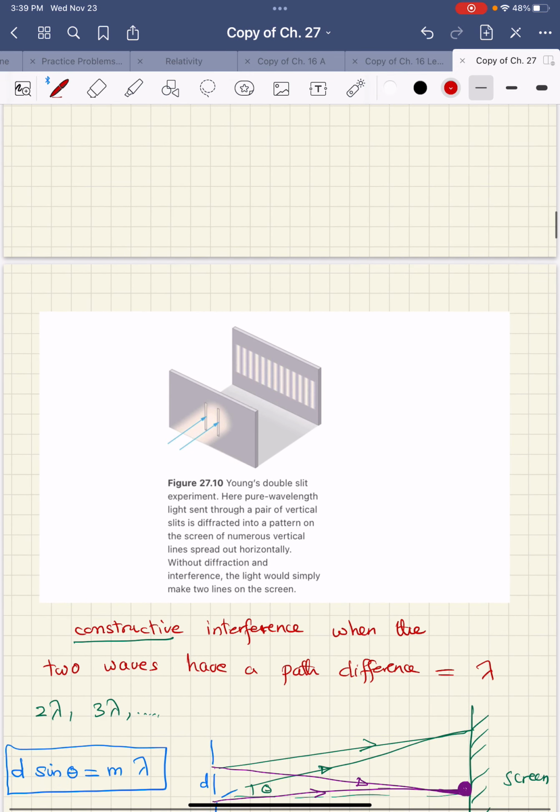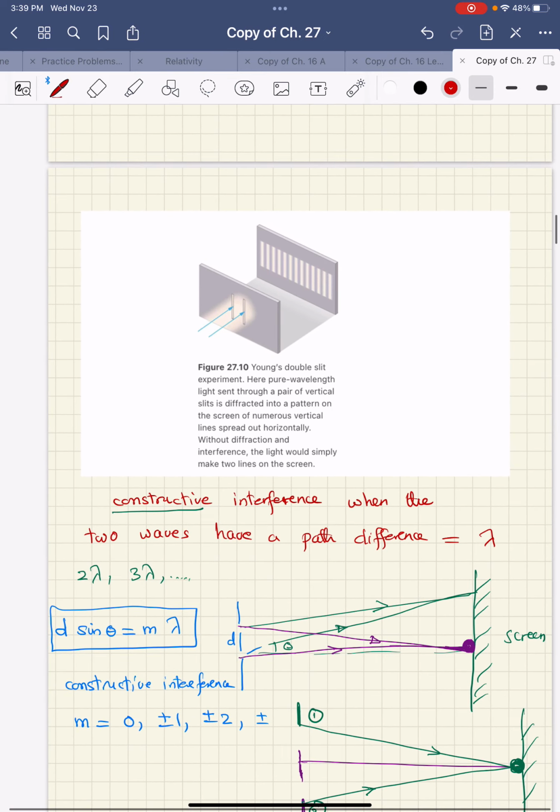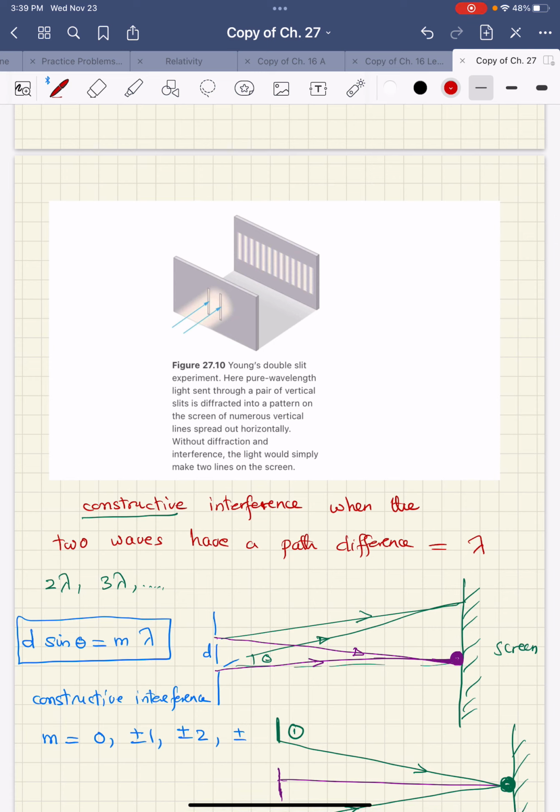Usually light, when it has an opening, behaves with diffraction and interference together. There is a very important and famous experiment in physics called Young's double slit.